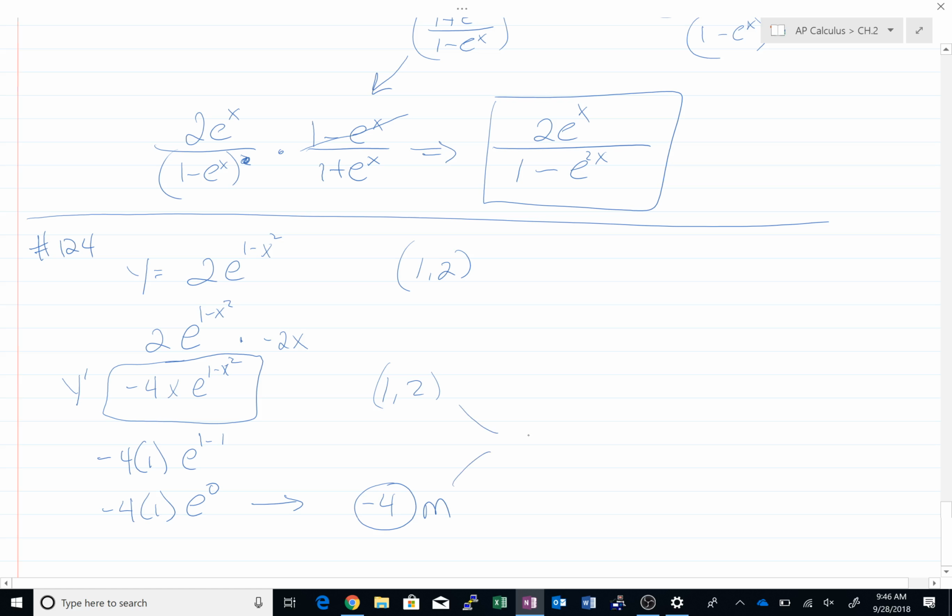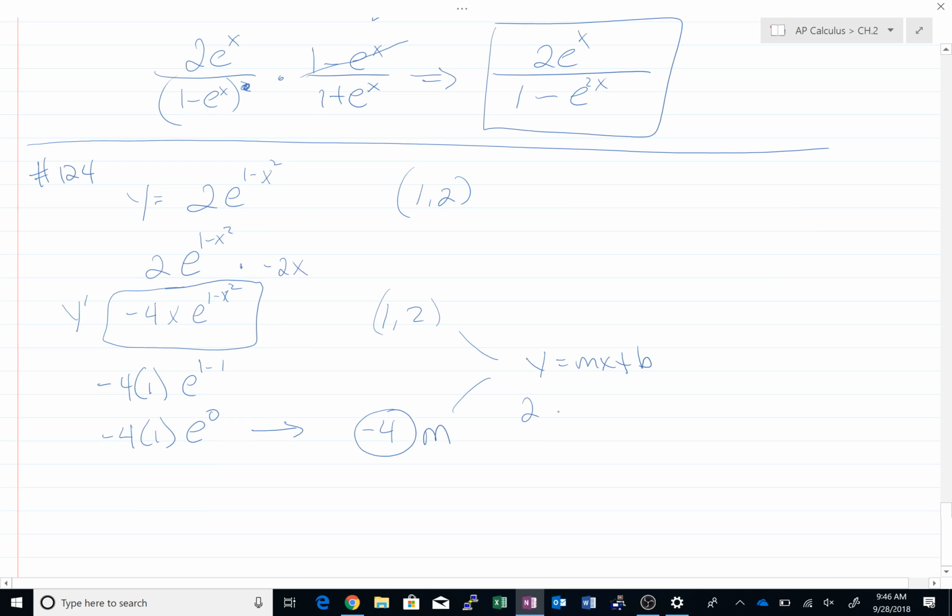All right. So we get y equals mx plus b. That's what we're going to use here. So y is 2, m is negative 4, x is 1. So we get basically 6 equals b. Okay?